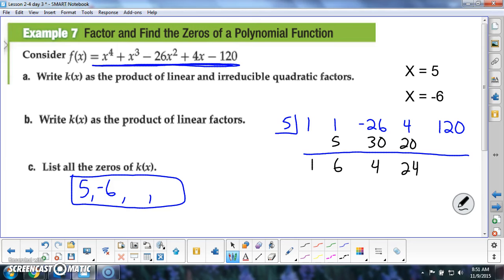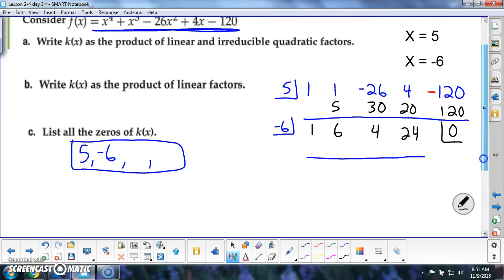Oh, up here, I forgot to put a negative sign in front of my negative 120. Okay, so now it's making sense. I'm going to get a 0 at the end. Everything's looking good. And I got to build off of that, use the other 0 of negative 6 with these resulting coefficients. And again, I should get a 0 at the end. Sure enough, I get a 0 at the end.